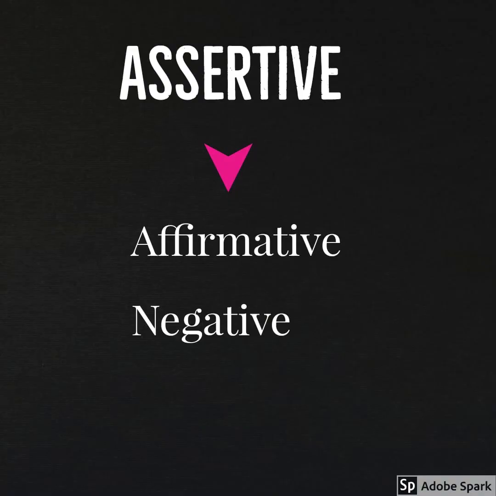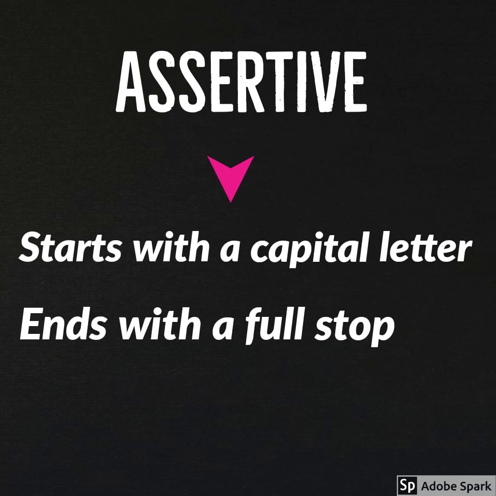Then we learnt about the types of sentences. The first type, assertive sentence. An assertive sentence can be affirmative or negative. Affirmative is nothing but positive, and it starts with a capital letter and ends with a full stop. And the next is interrogative sentence.